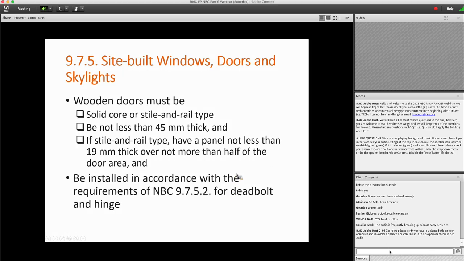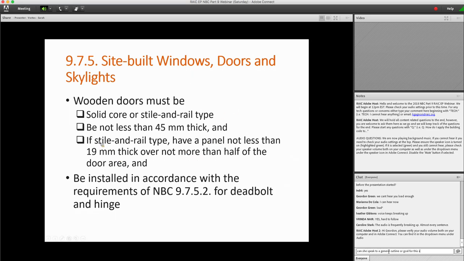For wooden doors, they must be solid core or stile and rail type. So this falls under a lot of your panel doors and also in the construction of doors with the solid portions that you would have.